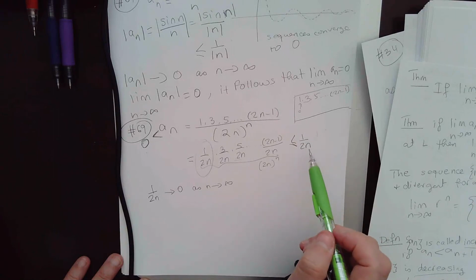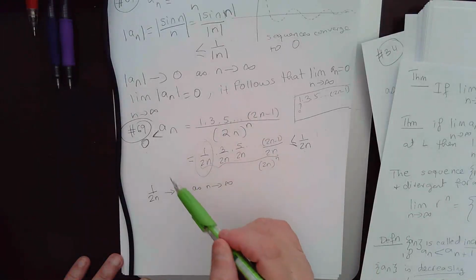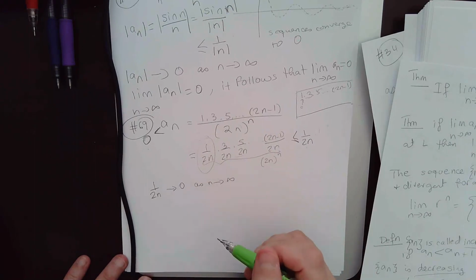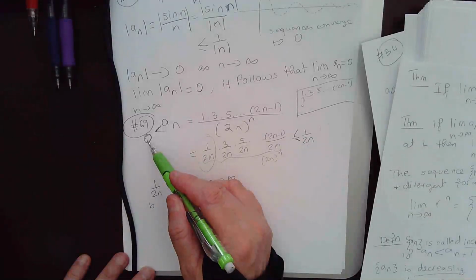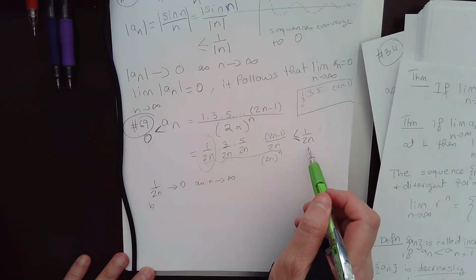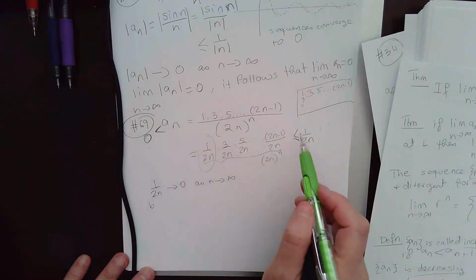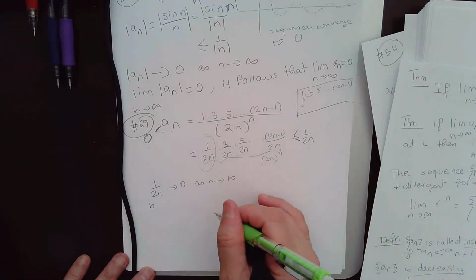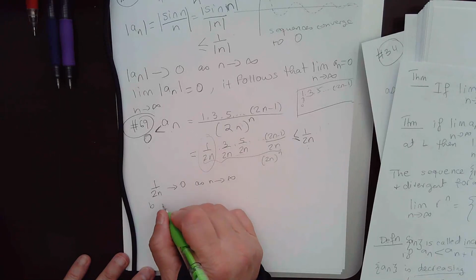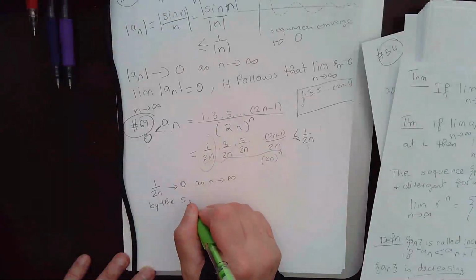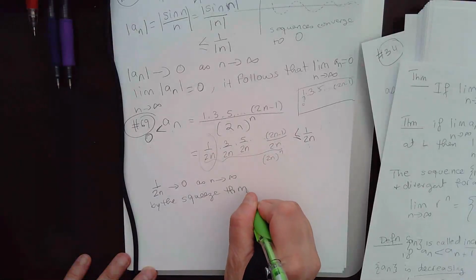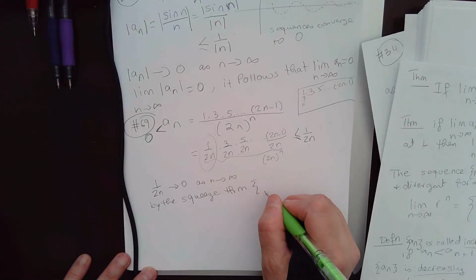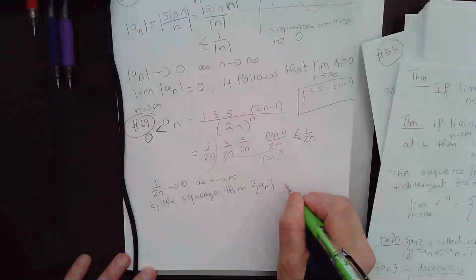So by the Squeeze theorem, the limit of this as n approaches infinity approaches 0. Then the limit of a_n also approaches 0. So by the Squeeze theorem, our a_n converges to what?